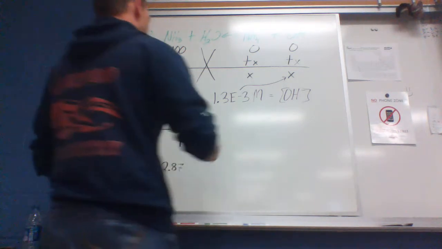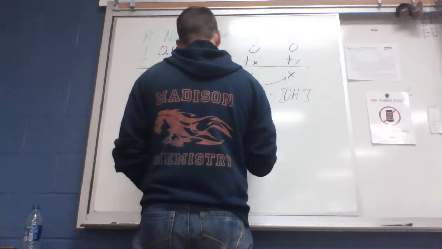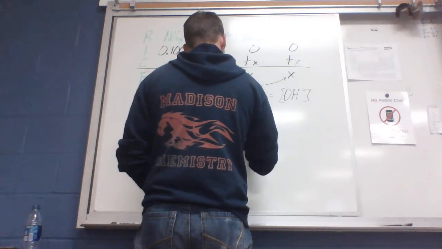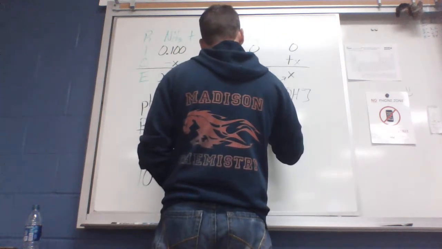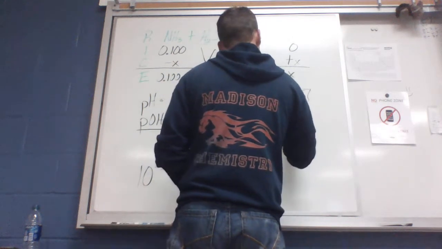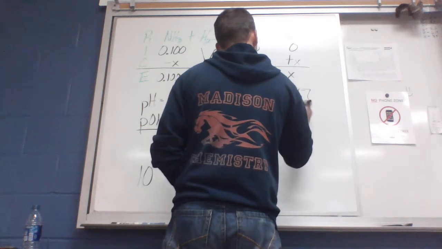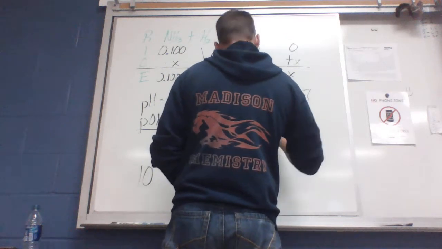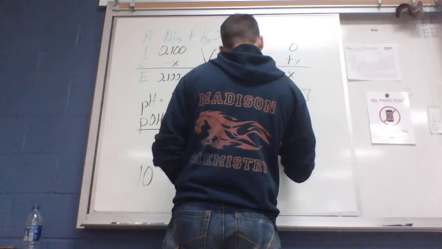All right. So we'll do an unsubstituted friend here. We know that my Kb is going to be the NH4 plus times the OH minus over NH3.